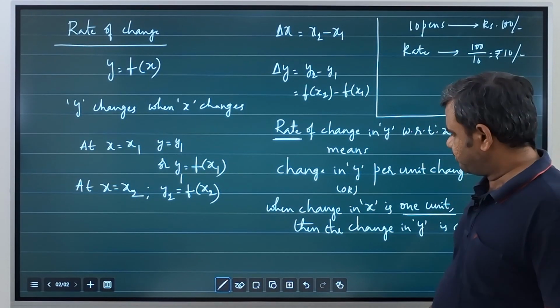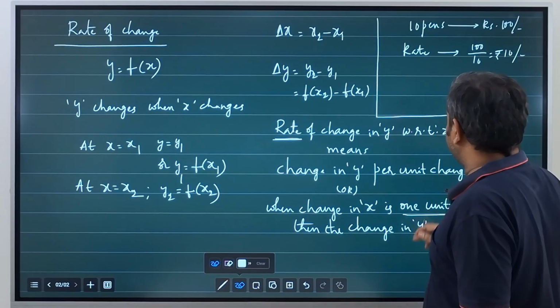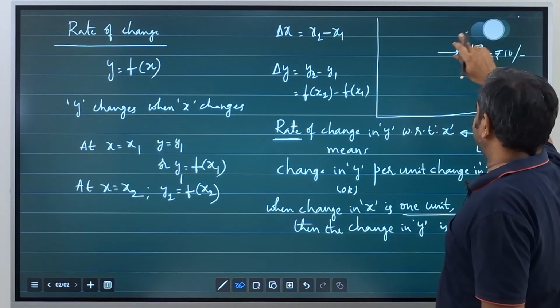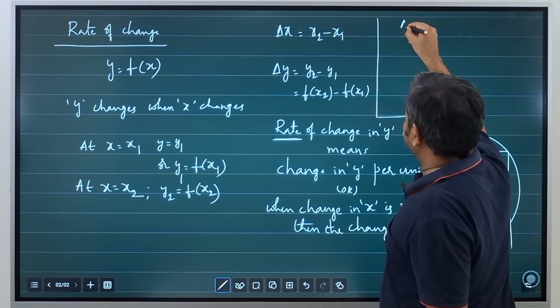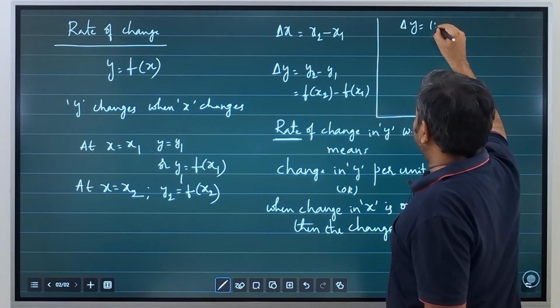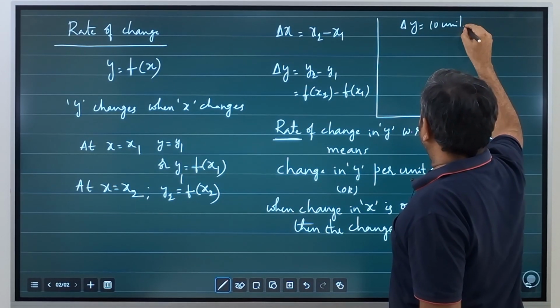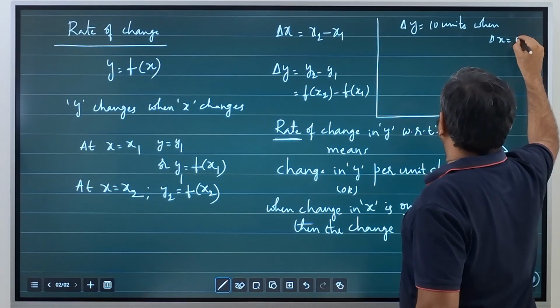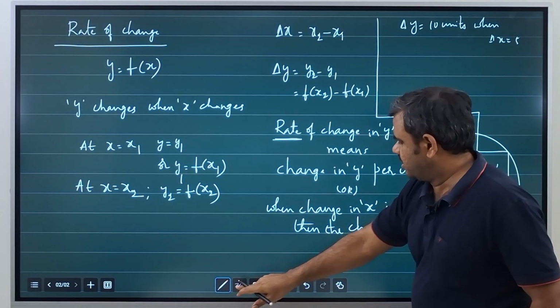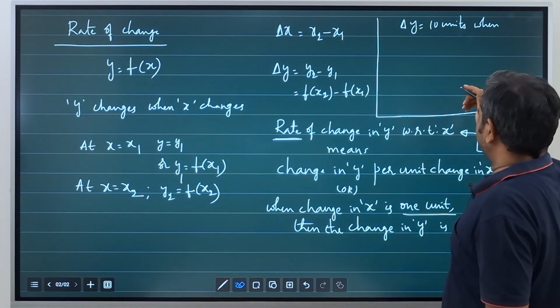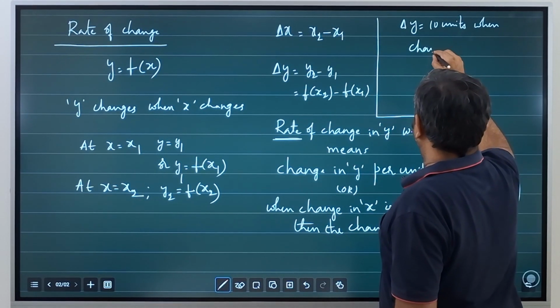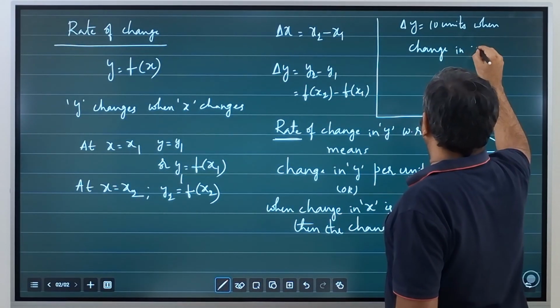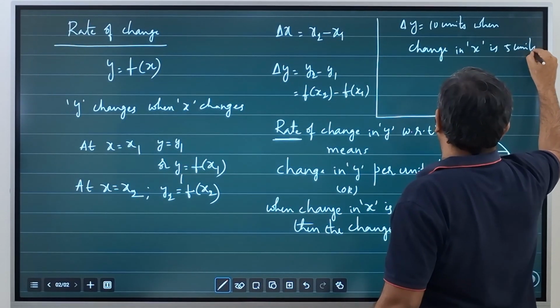Similarly here, rate of change in y with respect to x means, let us say the change in y is 10 units when the change in x is 5 units.